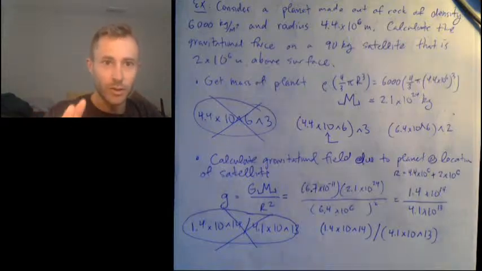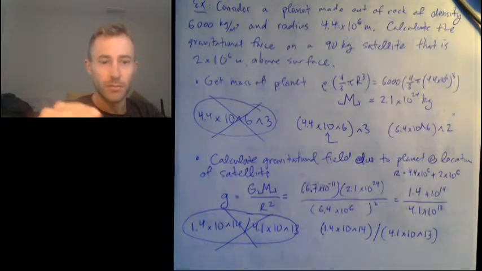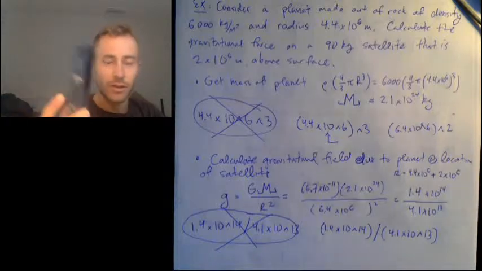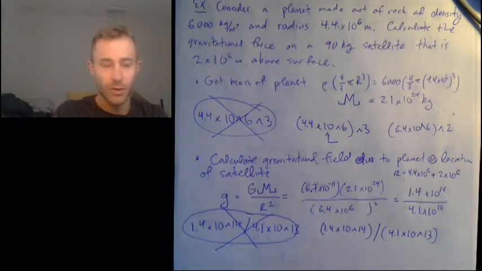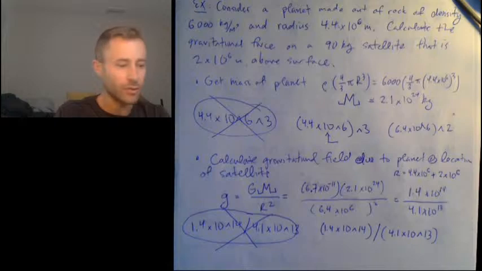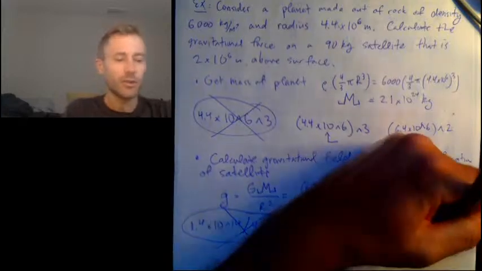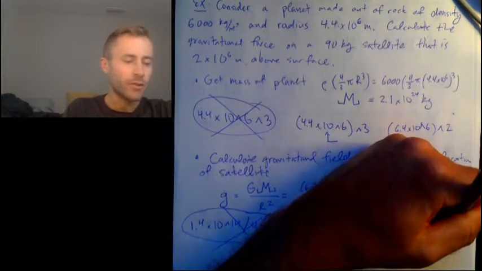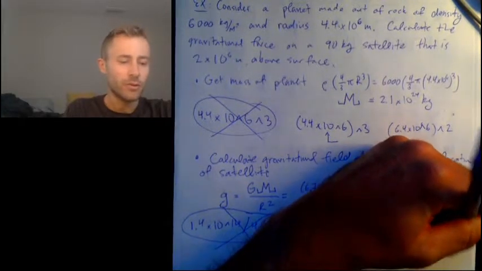Trust me, do it this way and you won't get the problem wrong. Your calculator can give you the wrong answer if you don't know how to use it. I'm teaching you how to use it. And we get that the gravitational field is 3.4 newtons per kilogram.